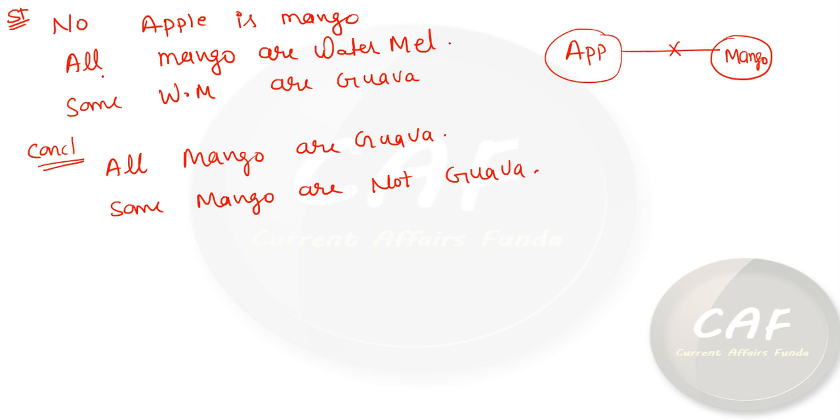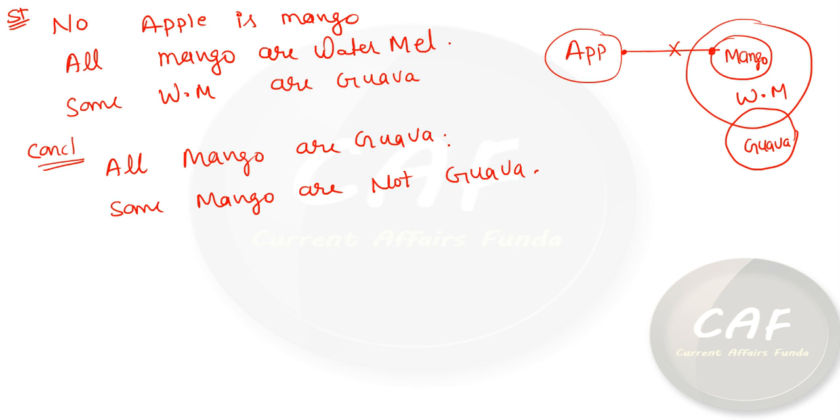The second thing is saying all mangoes are watermelons. That means we need to draw the outermost circle here, and this region is for watermelon. And some watermelons are guavas, so we will write here some watermelons are guavas. Your Venn diagram is ready right now.